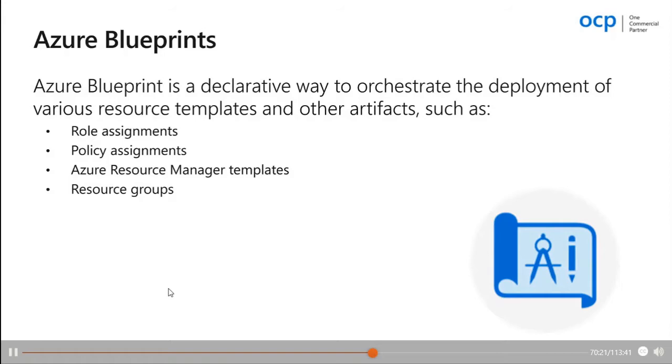Another great way to orchestrate deployment of resources and check a bunch of policies that you are allowed or not allowed to do in your Azure subscriptions is to use Blueprints. So Blueprints allows you to define a repeatable set of Azure resources that implement and adhere to your organizational standards, patterns, and requirements.